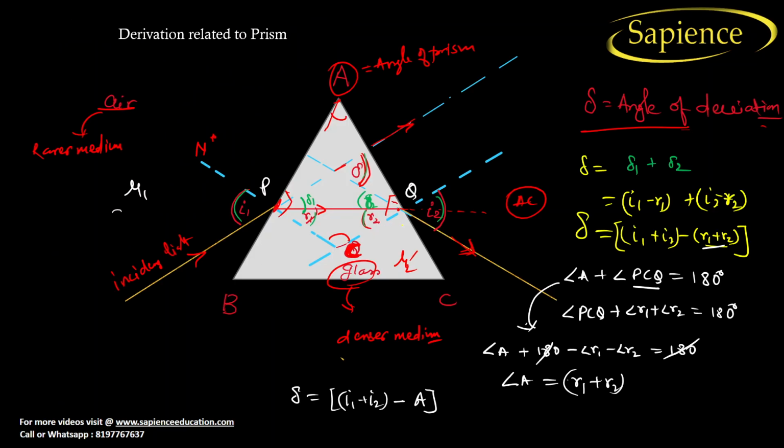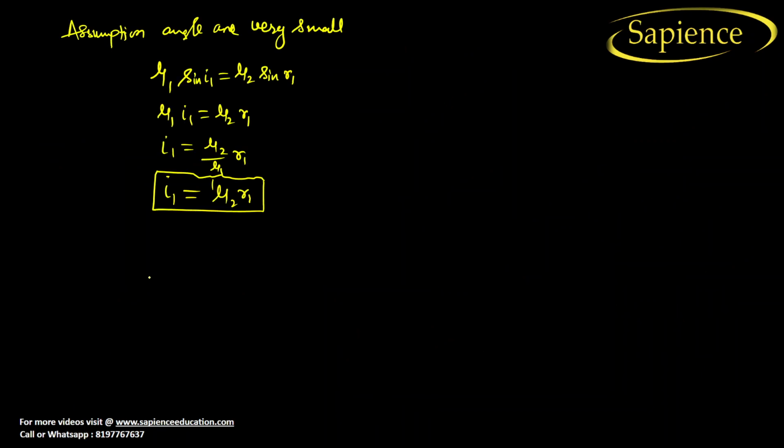Also on this side, the incident angle is R2 and the refracted angle is I2. So we can directly write mu 2 sin R2 is equal to mu 1 sin I2.